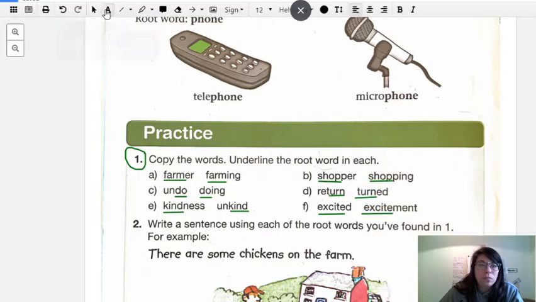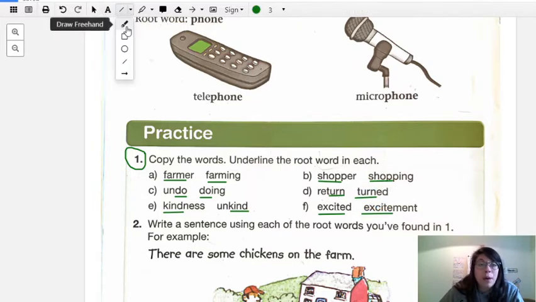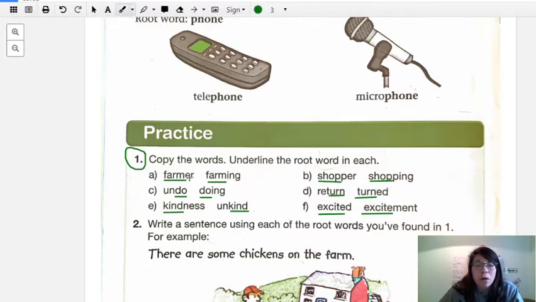So, what I was telling you before about the meanings. A farmer is a person. So this is a noun. Okay? Farming is an action. Okay? So this is a verb. Okay? Undo and doing are not the same thing. Undo and doing are both verbs. What did you do? Well, I undid, for example.